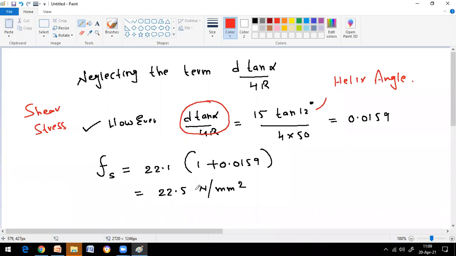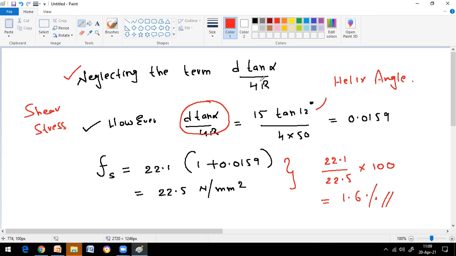How much will it be? Which is 1.6 percentage. It is very small, that's why we neglect this d tan alpha by 4r in the shear stress value.